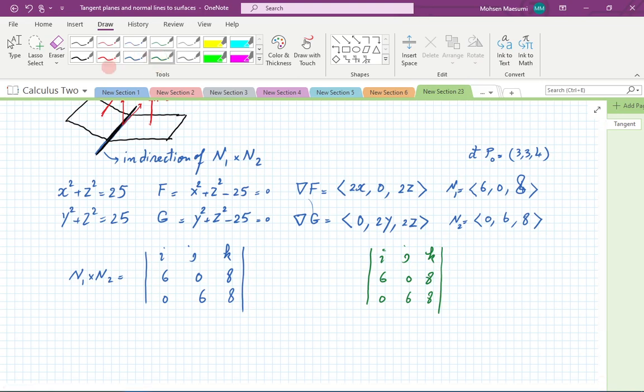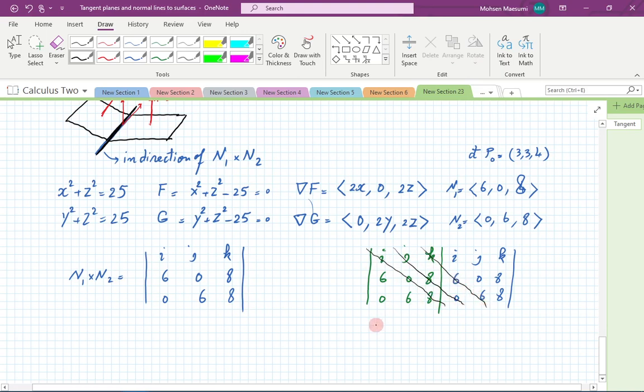We said we patiently write ijk, 6 0 8, 0 6 8, duplicated, ijk, 6 0 8, 0 6 8, and then we go. Luckily this is 0, luckily this is 0 again, and then I have this one, well, that is 36k. Now going the other way, what is that?